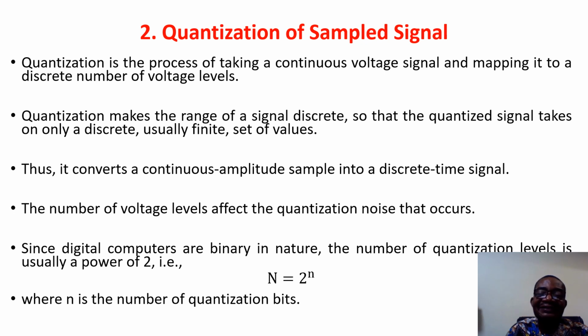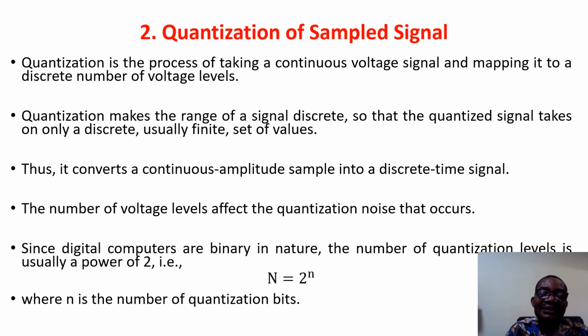The next stage after sampling of the signal is quantization of the sampled signal. Quantization is the process of taking a continuous voltage signal and mapping it to a discrete number of voltage signals. So what happens during quantization is that after the signal has been sampled, meaning that the records of the signal have been measured at specific points, those points are now joined to give us discrete time intervals.